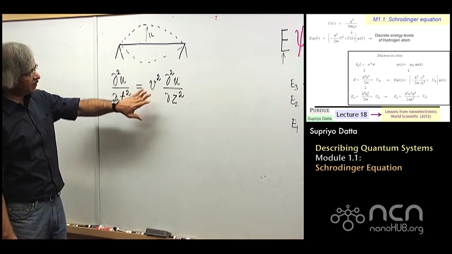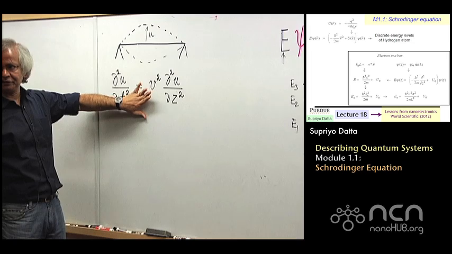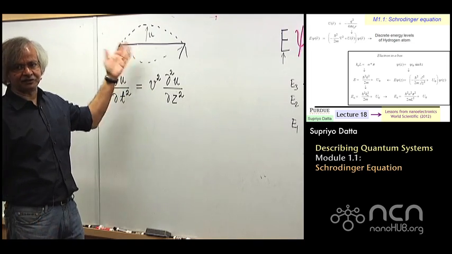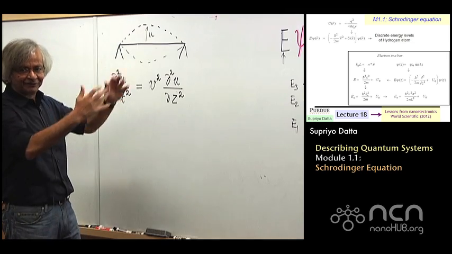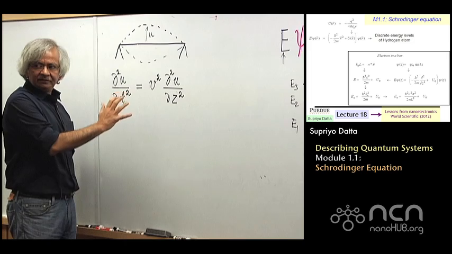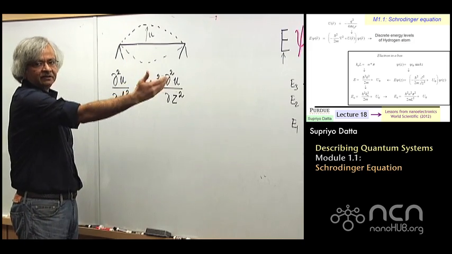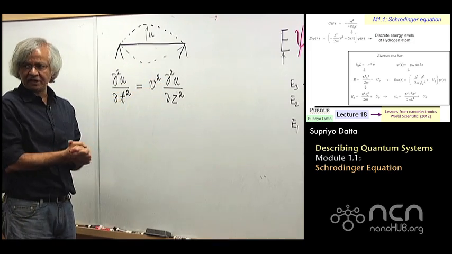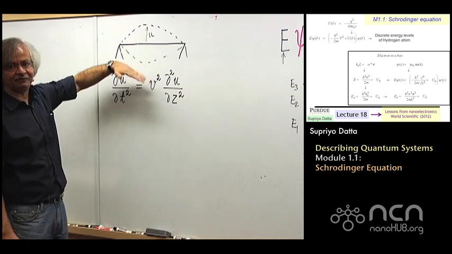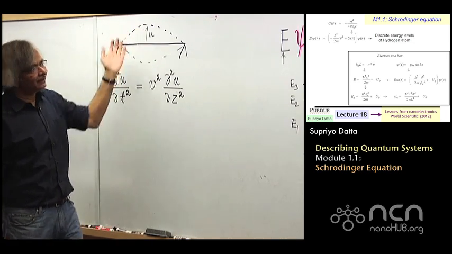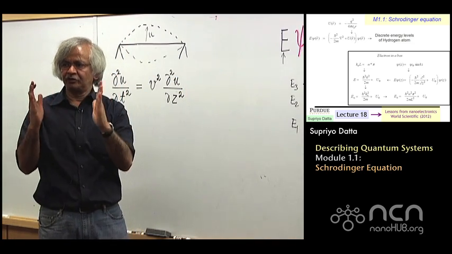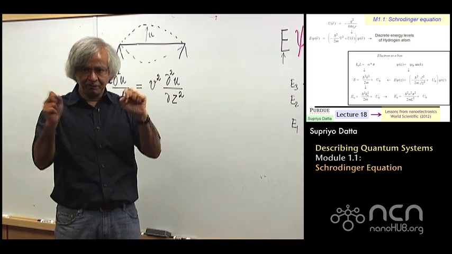Let me quickly explain how you get this from this equation. Of course, this course is not about guitar strings. It's about this quantum guitar, about these electrons in a box. But the math is kind of similar, and you could use this to understand why electrons have discrete energies. The same math that leads to acoustic waves having discrete frequencies makes electrons have discrete energies when you put an electron in a box, that is, when you pin it down.